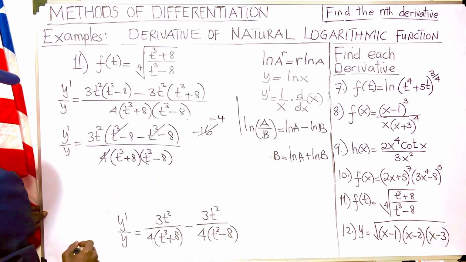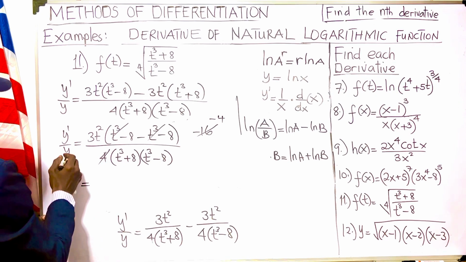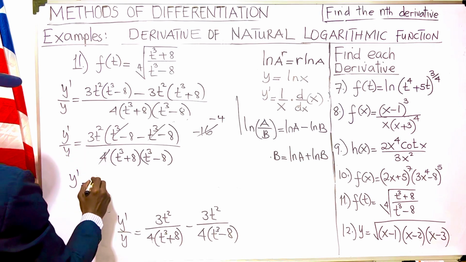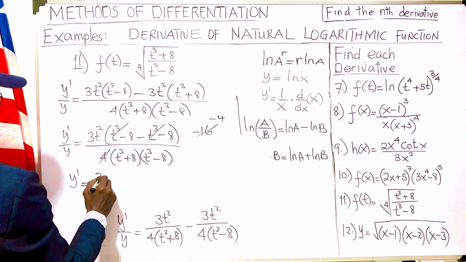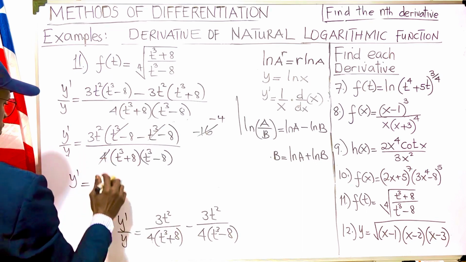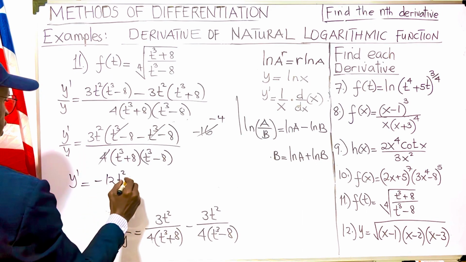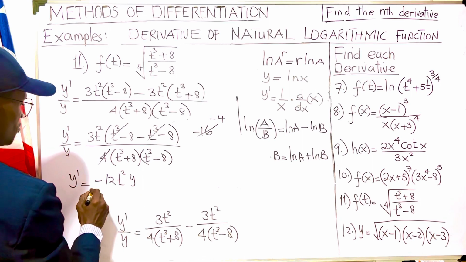So it's minus 4. So y prime is just equal to this y, and we cross multiply. It becomes 3 times minus 4, so it's minus 12 t squared y. That's the numerator.